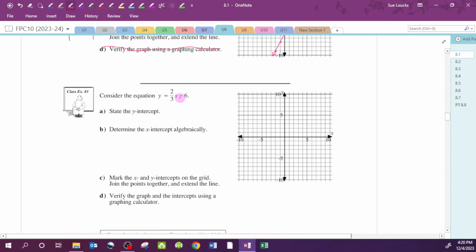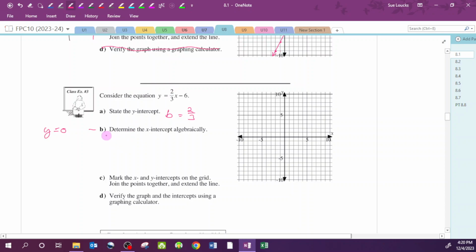Okay, so the y-intercept, which is b, is 2 over 3. And determine the x-intercept algebraically. So the x-intercept is when y equals 0, right? The x-intercept is when it crosses the x-axis, which means you haven't changed your y value, so y is 0.